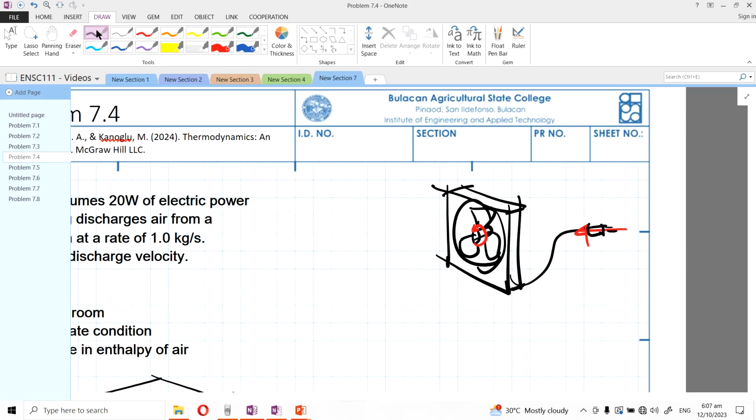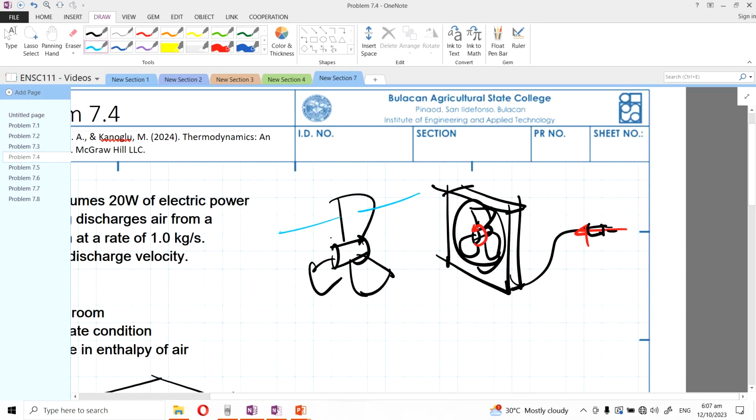let's say we detail this blade here. We have a shaft and maybe a hub and the blades. The blade is actually the one hitting the air, to increase the energy, to move it or propel it. So it's the work done from this rotation.